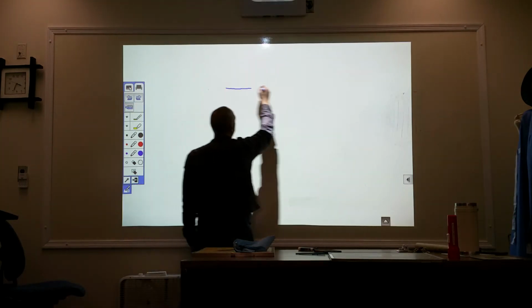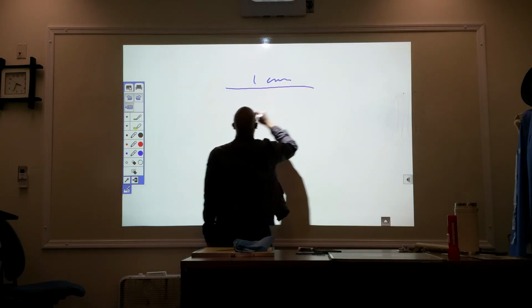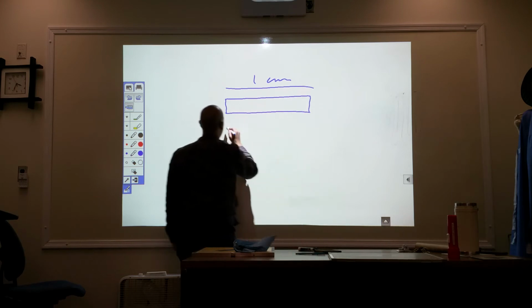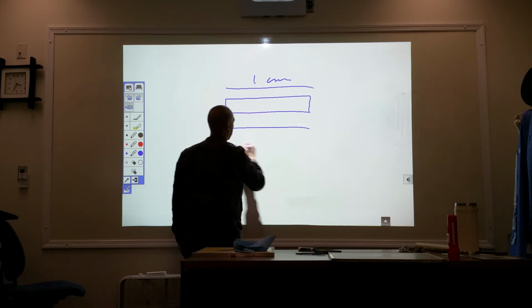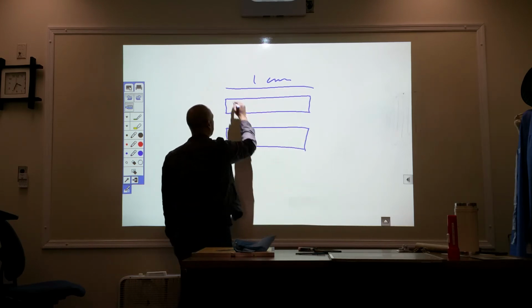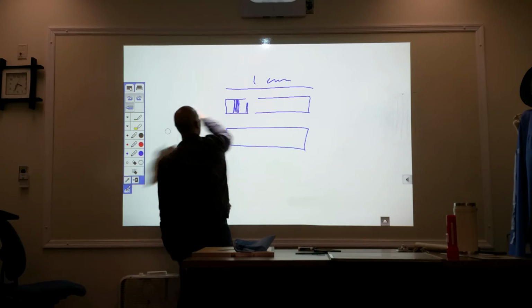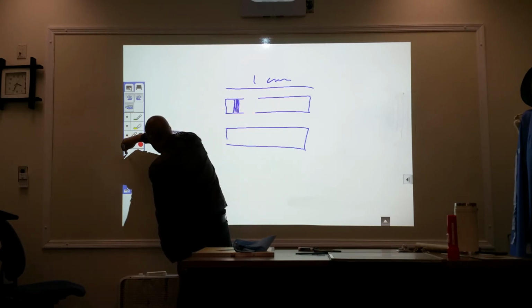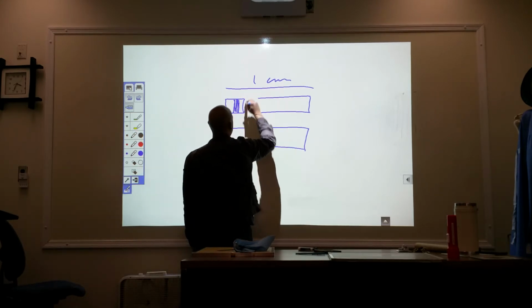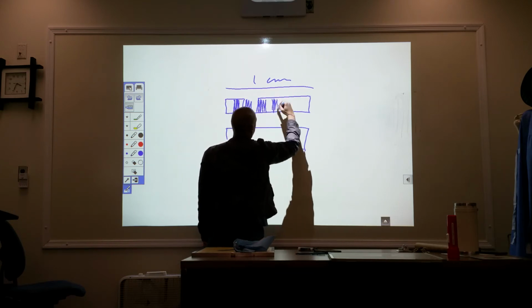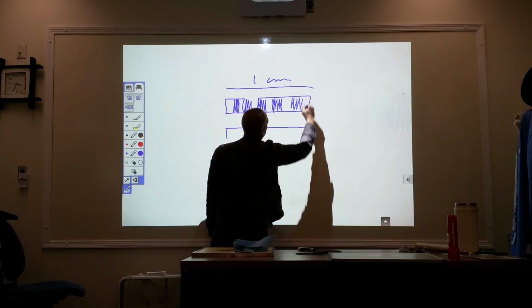Let's just say this is 1 centimeter. Here is one grid, here is another grid. If I had thick strips, I can only accommodate a certain number of strips.